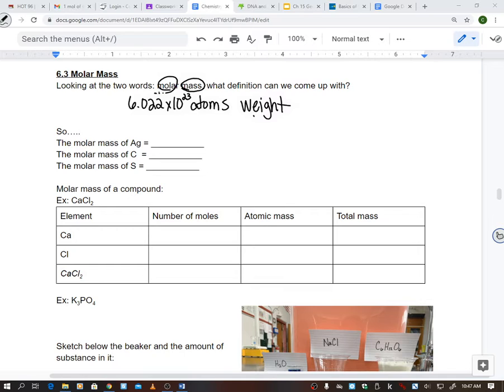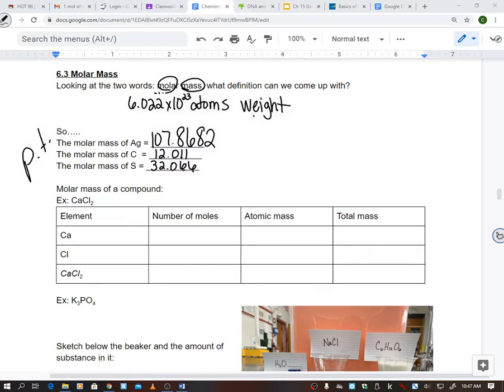So I'm going to use the periodic table for this. If you use the periodic table, silver, Ag, is 107.8682. Okay, that's on your periodic table, where I'm getting this, I'm going to put PT. The molar mass of carbon is 12.011. The molar mass of sulfur is 32.066. Once again, I'm getting these all from the periodic table.